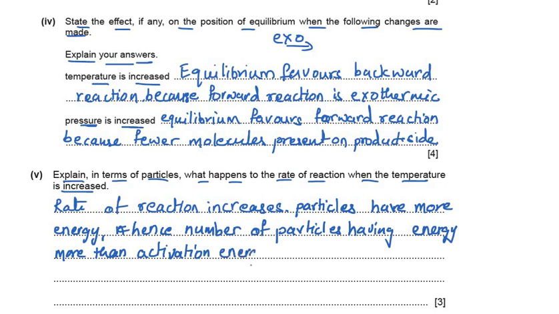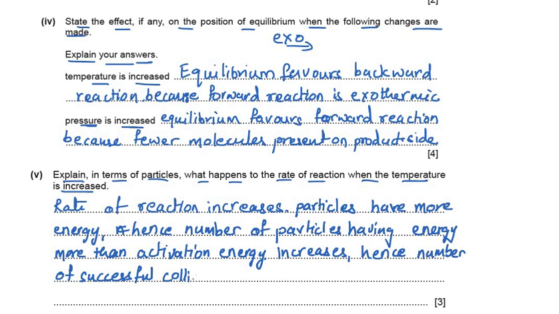So that's how we are going to mention in the particle theory, that the number of particles having energy more than activation energy increases, and because of that what happens? Hence successful collision I'll write. Number of collision also you can write, but I am specifying number of successful collisions.